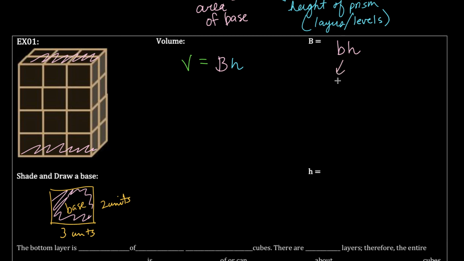My base is 3 units, and I'm going to multiply that by 2 units. Remember, this is about my base. This is not the height of the prism. This is the height of my base, right? So the area of my base is 6 units to the second power.